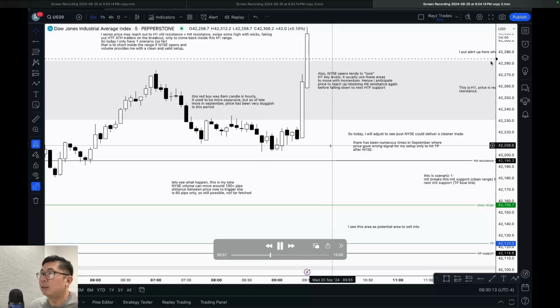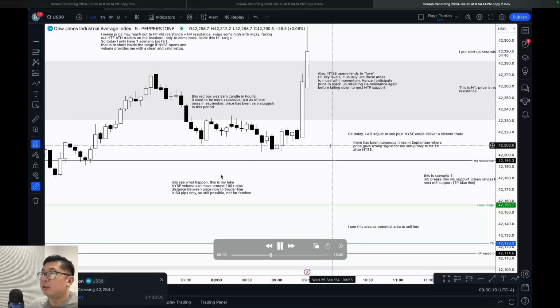Look at this, right? How many people took this buy? So there was an alert over here. How many people took a buy? You see here, price may reach out to 1 hour old resistance, which is here, and 4 hour resistance, swap some high with wicks, which is this one, faking out high time frame all time high traders on the breakout only to come back inside this 1 hour range.